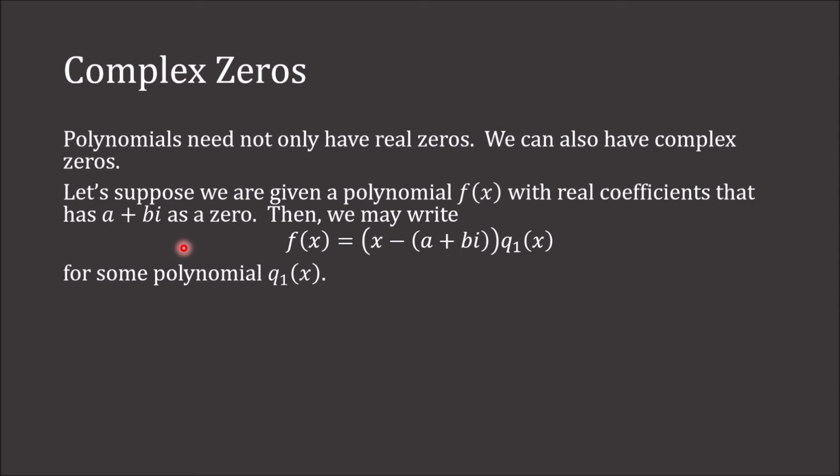And remember, this i is defined in such a way that i squared is negative 1. So if that's the case, we can write f of x as x minus the quantity of a plus bi times q1 of x, where q1 of x is some polynomial.